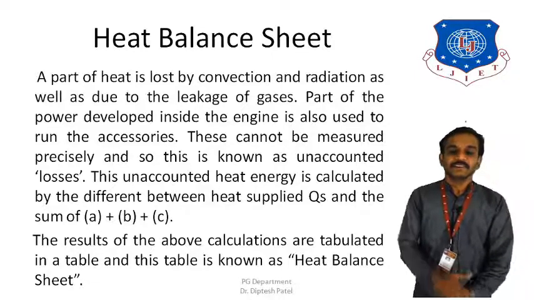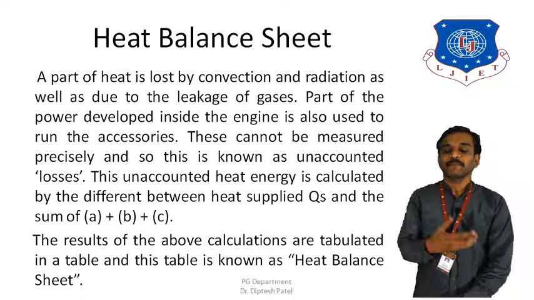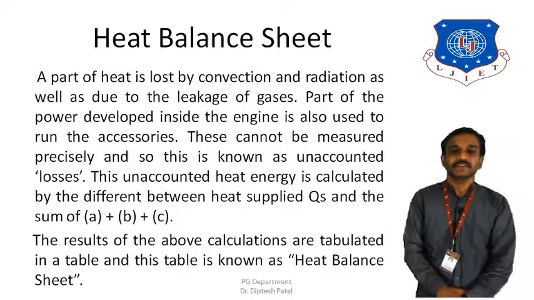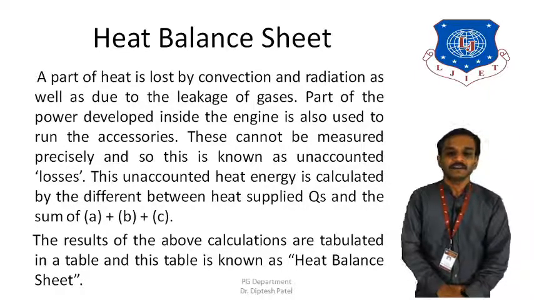Let's say we calculate the heat supplied QS by calculating MF into CV, and take it as 100%, then we can subtract the summation of the remaining three components A plus B plus C out of 100, and we get the unaccounted losses.